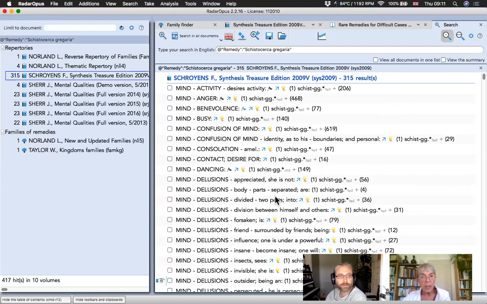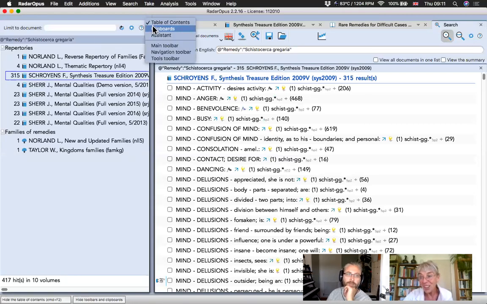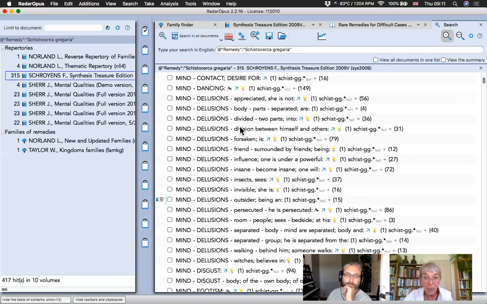Okay, here you have the rubrics, and it starts with activity, and so you can check how many of the main characteristics you find. If not in the case, or if not in the family finder, you still have your Opus. Yes. Check it and okay, activity seems to be important, and then you know, disgust seems to be there.